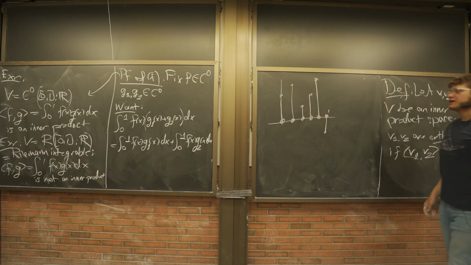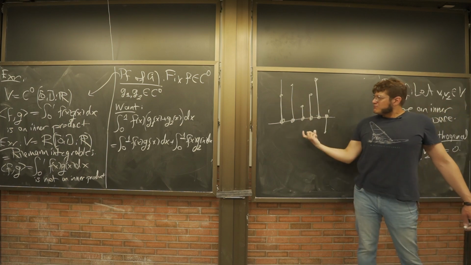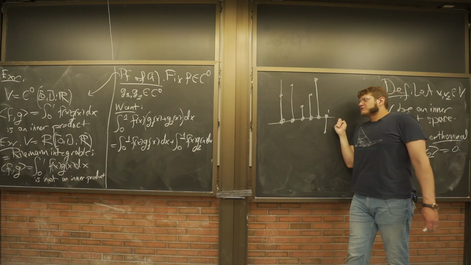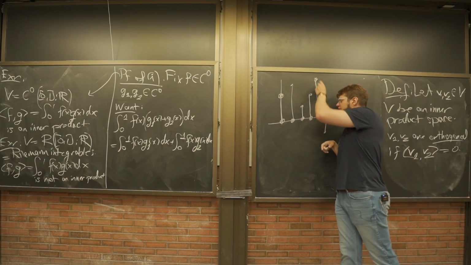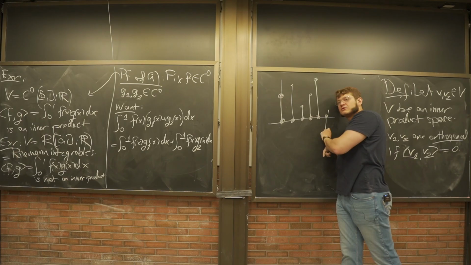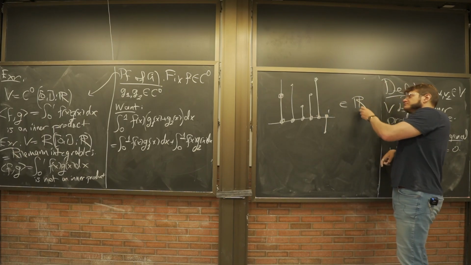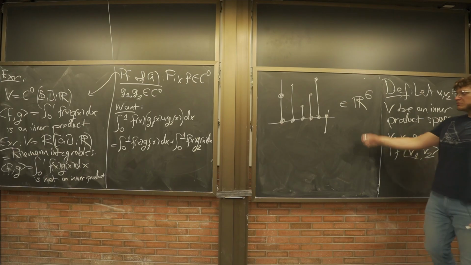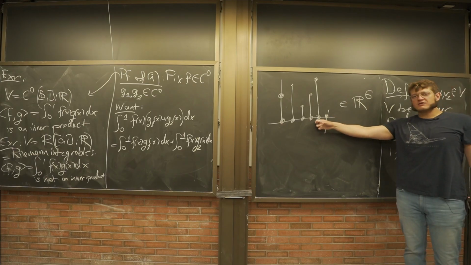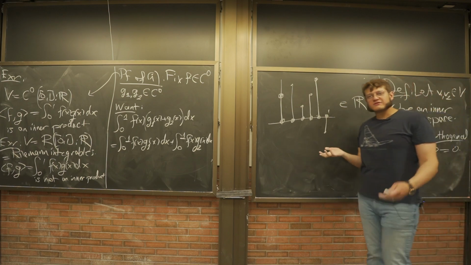So a discrete signal like this is determined completely by 6 numbers. You can think of it as an element in R^6, up to isomorphism. If this is a 6-dimensional vector, I can take yet another signal. And of course, the dot product of these two should say something about the angles.